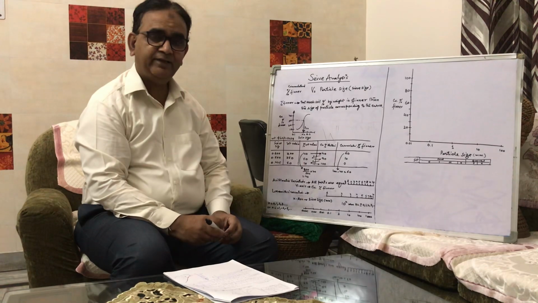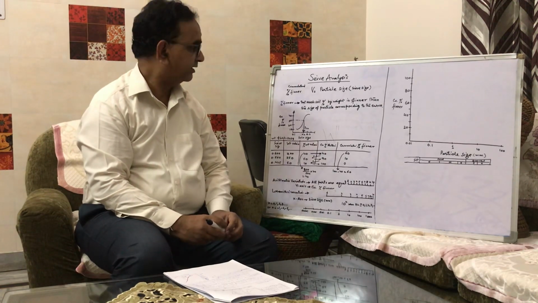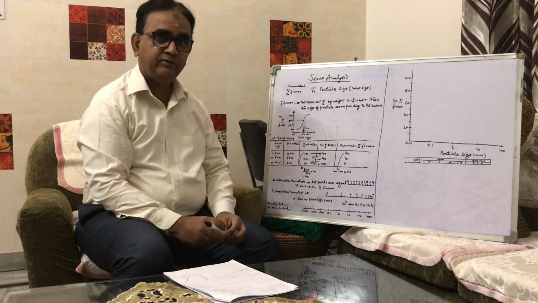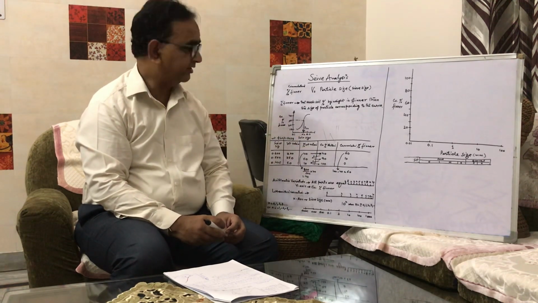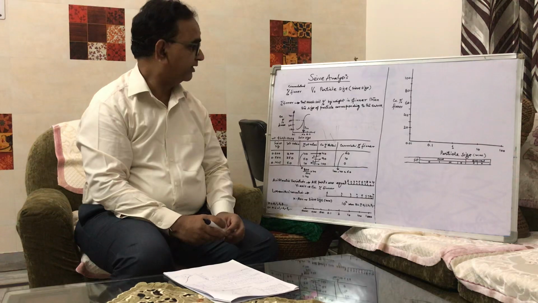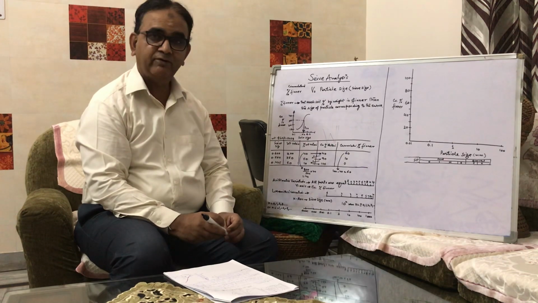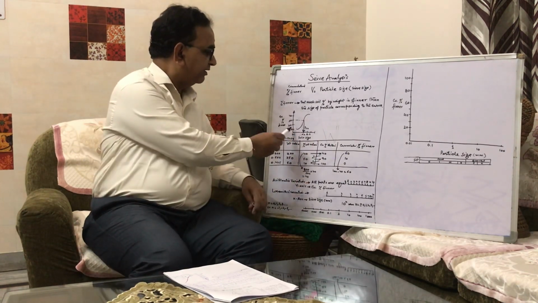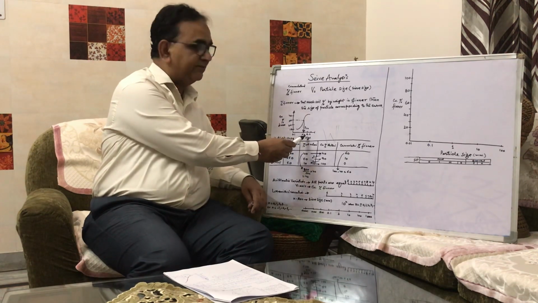Percent finer is the percentage, that may be 10%, 20%, 30% to 60% by weight, which is finer than the size of the particle corresponding to the curve. Means if you have this curve, this is percent finer.